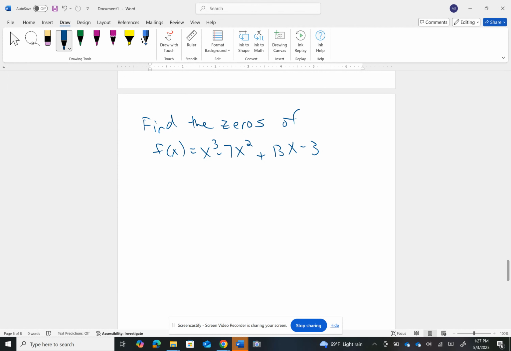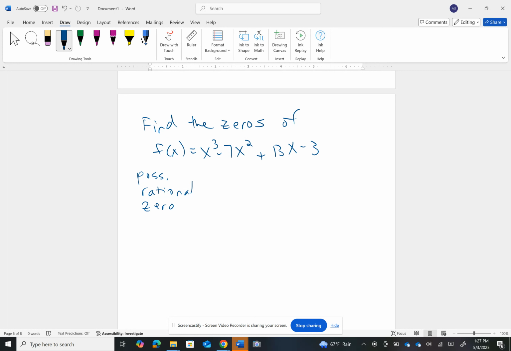So the whole process for this required us to find the possible rational zeros. So the ones that are positive or negative, some relatively nice thing. It can be fractional, but it can't have radicals or anything like that in it.